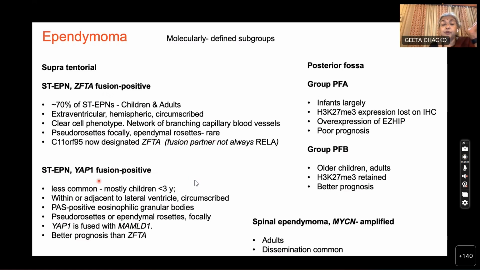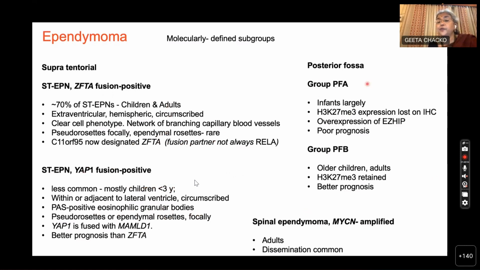Whereas one way to identify the YAP1 fusion is they often show eosinophilic granular bodies. So when we were talking about eosinophilic granular bodies, remember that this is another tumor that can show them. They're seen mainly in children less than 3 years. Importance is that they have a slightly better prognosis than the ZFTA fusion.